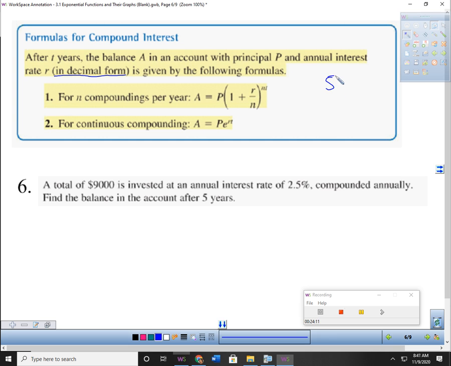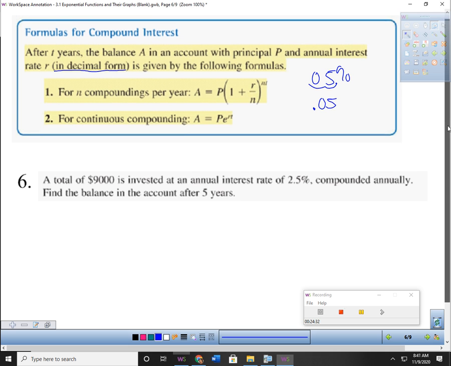So if I said 5% interest, I would have to take the decimal and move it 2 places, right? And 0.05 would be what I would plug in for my rate. If I say 5%, don't plug a 5 in for the rate. You would plug in 0.05. All right, and so you have these 2 formulas. They will tell you with the words which one you should be using, okay?